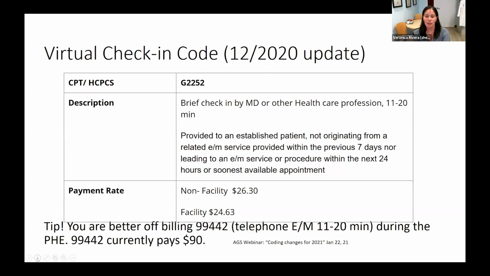And this is to provide an established patient not originating from a related E&M service provided within the previous 7 days, nor leading to an E&M service or procedure within the next 24 hours or soonest available appointment. And again, I'm pretty infrequently using this code.